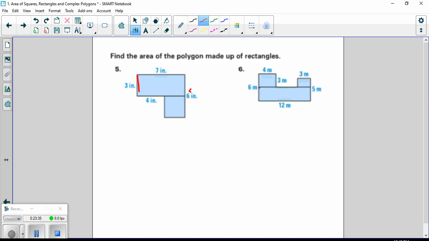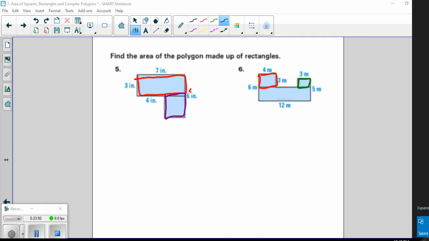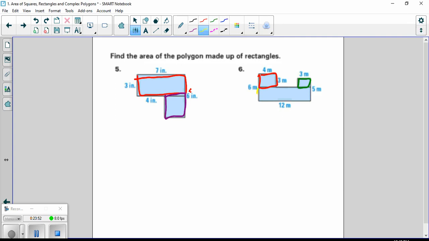So you'll find the area of this shape, and then the area of this shape, and then add them together. For 6, you're going to find the area of this shape, the area of this shape, and then the area of this shape, and then add them together.